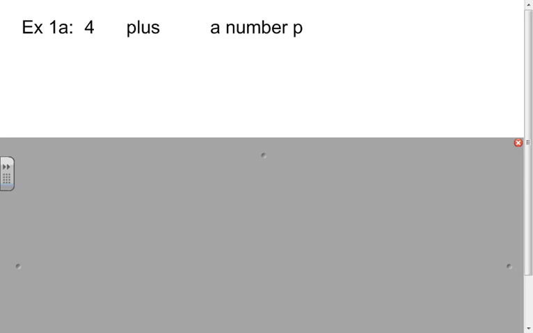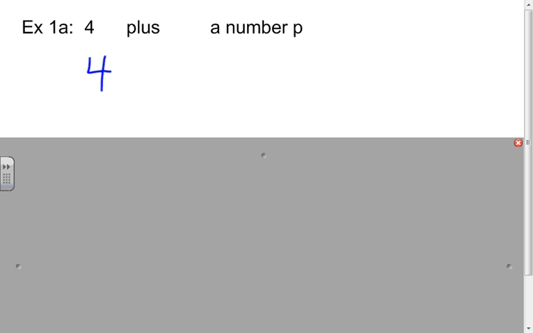Start to take a look at some of the problems that we're going to have to do in this section. Example 1a. I need to translate those words into an expression. Well, 4 is going to be the same if it's in a sentence like this or if it's in an expression. So I just put the number 4. A number p is my variable in this problem.